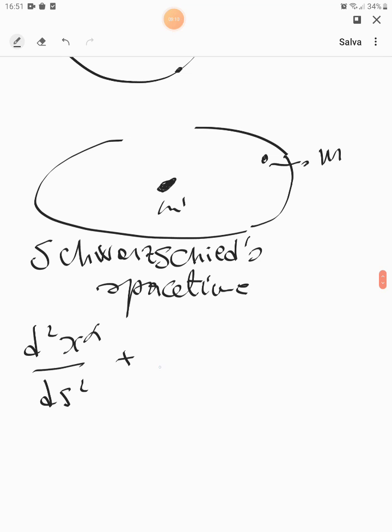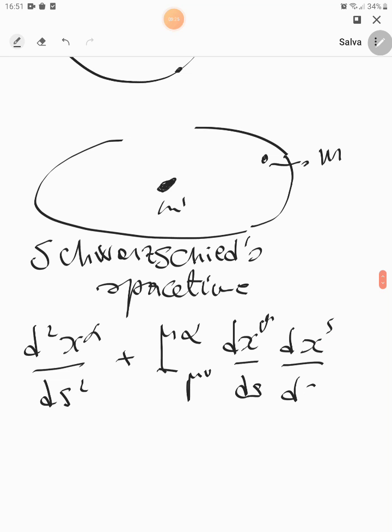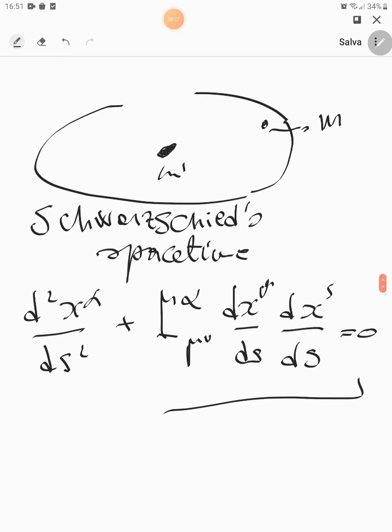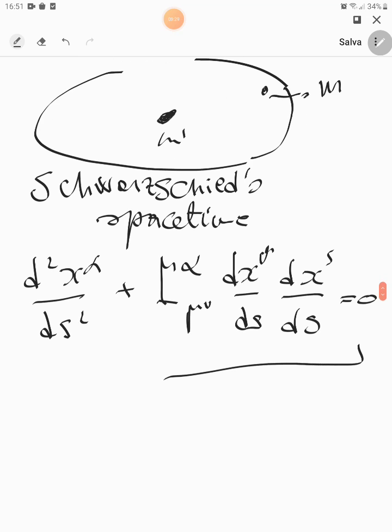So, plus this, equal to 0, where s is the proper time of a body.